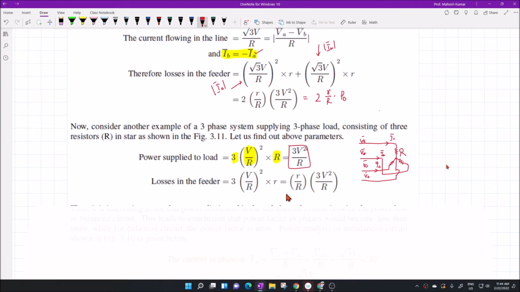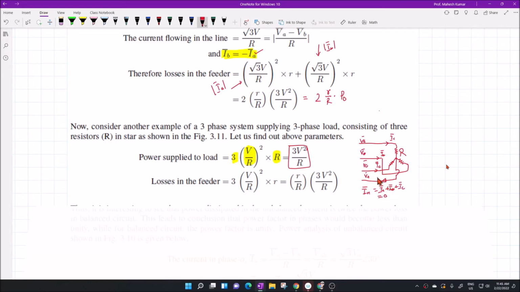What will be the losses? The losses will be 3 into I square into R, because in the neutral the current will not flow. Why will current not flow? Because IN is the sum of IA plus IB plus IC. Since the currents are balanced, their sum is equal to 0.